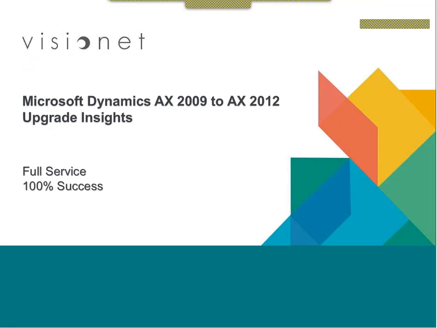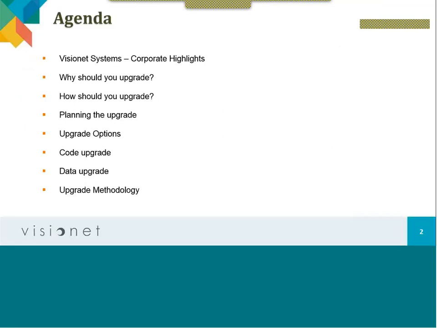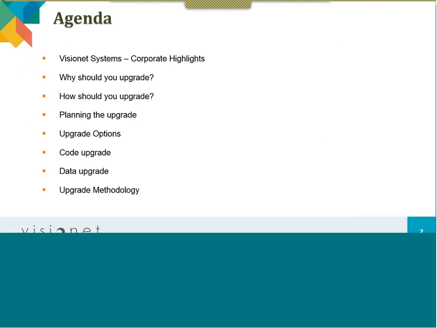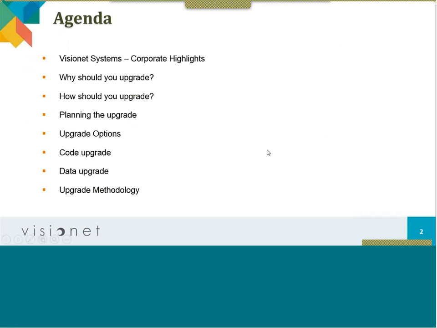We will be covering, after I give you a bit of background about who we are and what we do, that we are Microsoft Dynamics AX Gold partners. Then I'm going to jump directly into our topic, which is the upgrade from the earlier versions of AX, which is 2009 4.0, to the latest and greatest, 2012 R3.